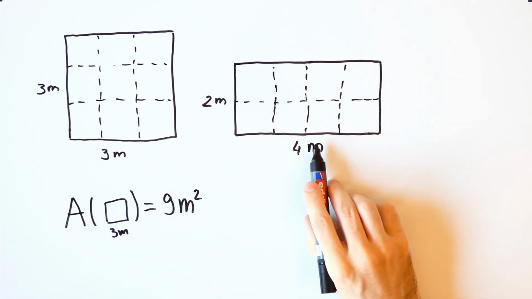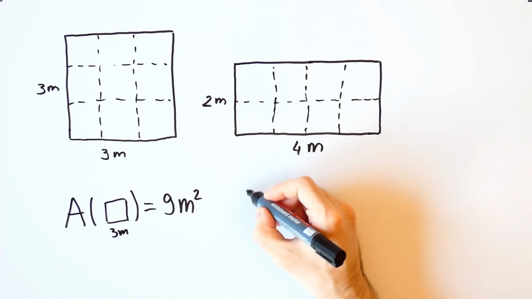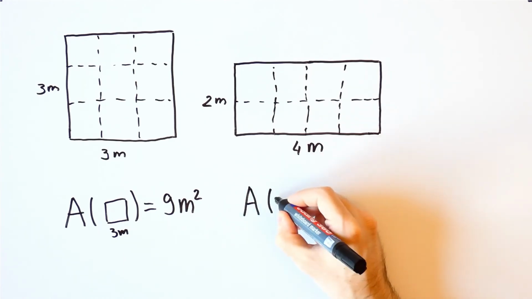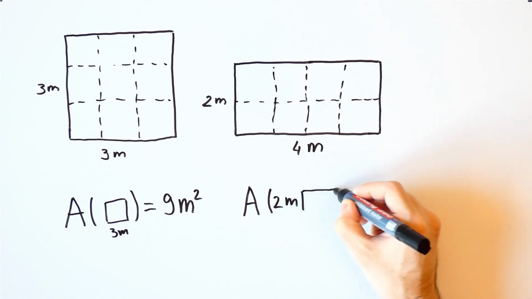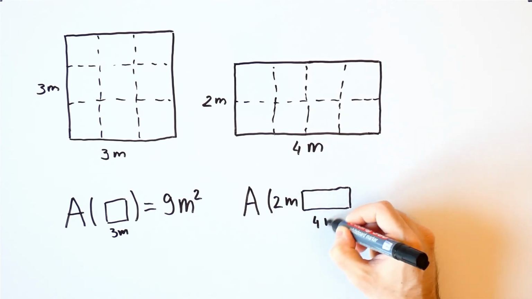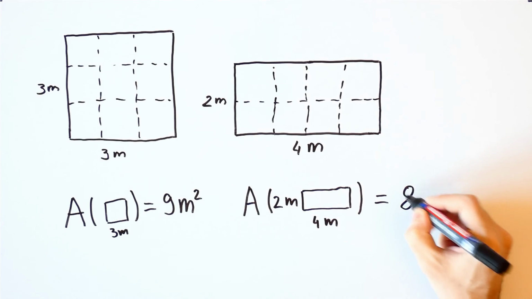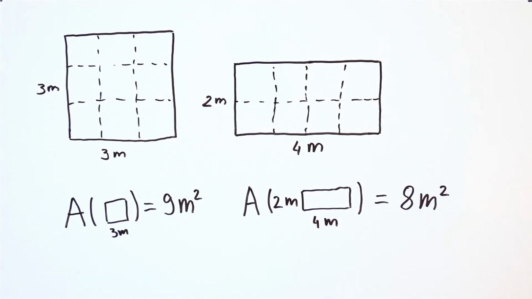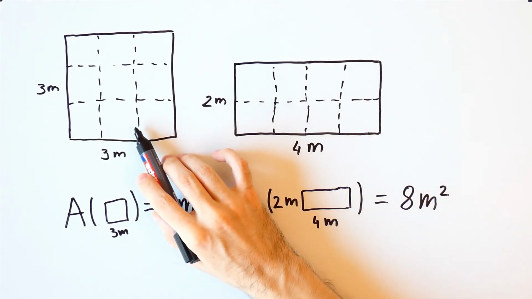And the area of this wall is 8 square meters. So we need more paint for the first wall.